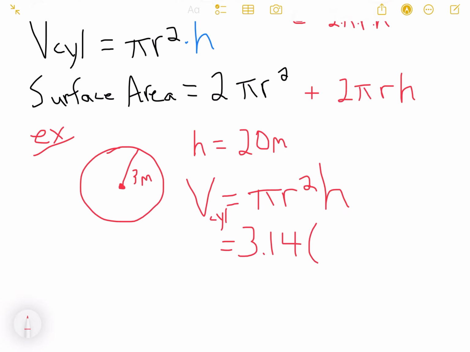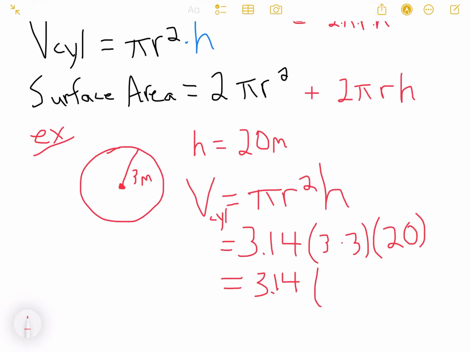And then radius is radius times radius. So what is it? It is 3 times 3. Okay, so it's 9. And my height is 20. So I have 9 times 20, so that means I have 3.14 times, well, what is 9 times 20?